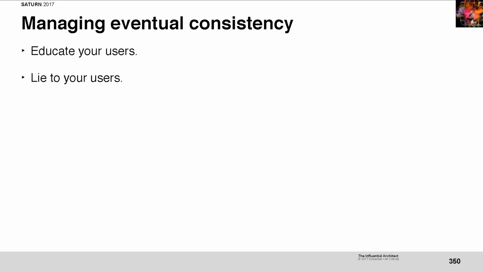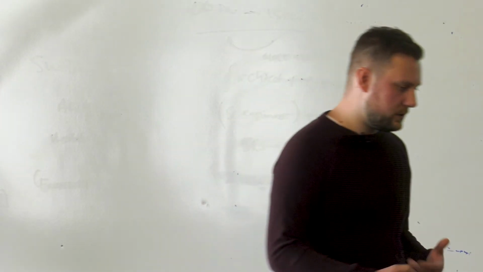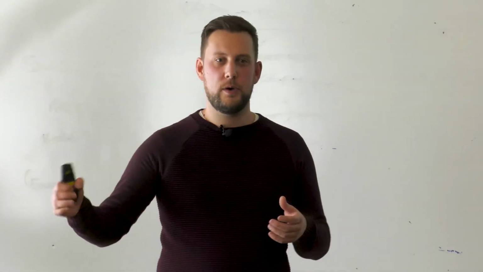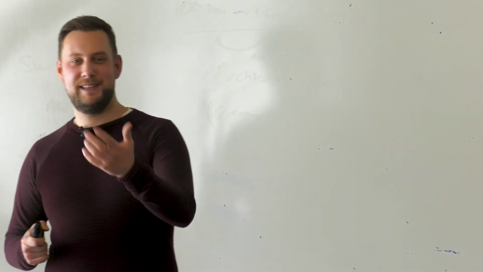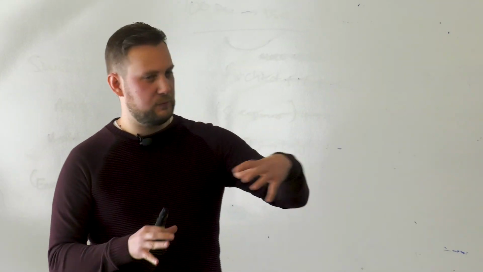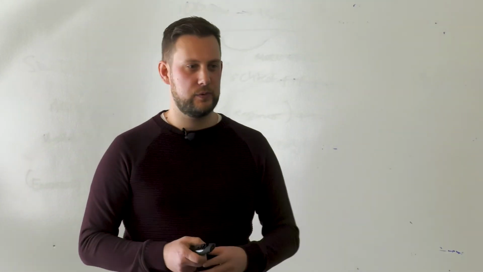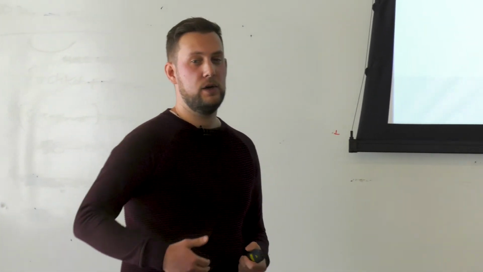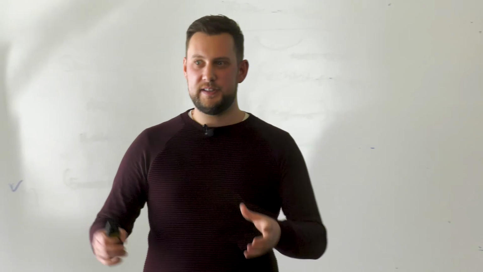Second thing that you can do is you can lie to your users. You might not think that this is very nice, but let me explain how it works. Basically, what you want to try to do is, as you are writing some data, you have that data there, right? So the user that's placing the order, in that browser, for instance, you have all the order details. And as soon as you get that ACK back from the command handler, you know that that's been successful.